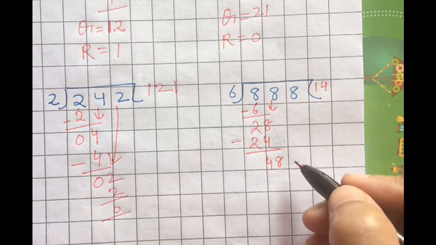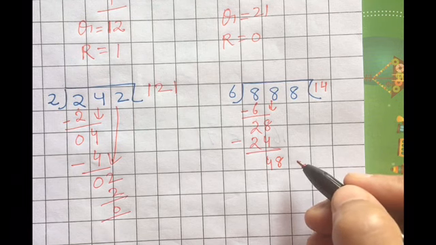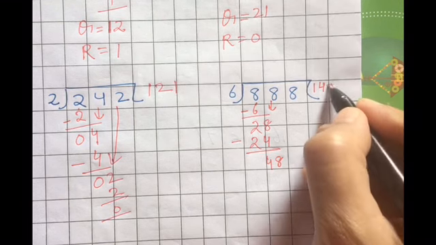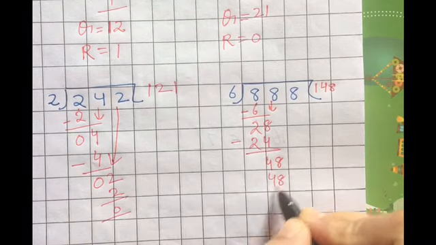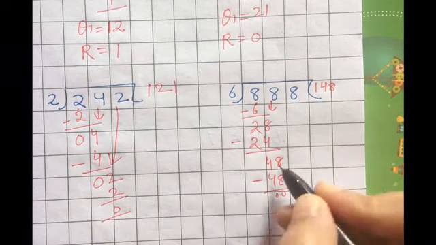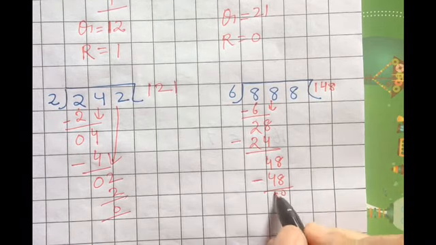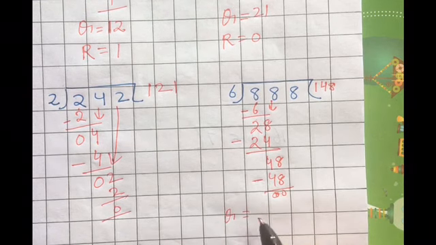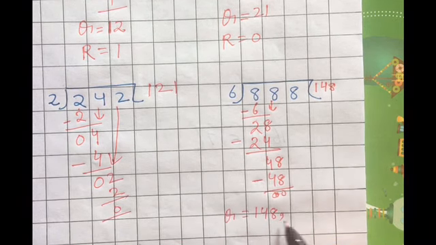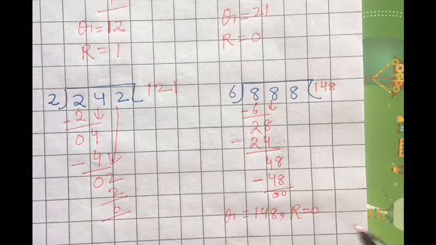So 6 fives are 30, 6 sixes are 36, 6 sevens are 42, 6 eights are 48. Subtract, 48 minus 48 will be 0. So in this, the quotient is 148 and your remainder is 0.